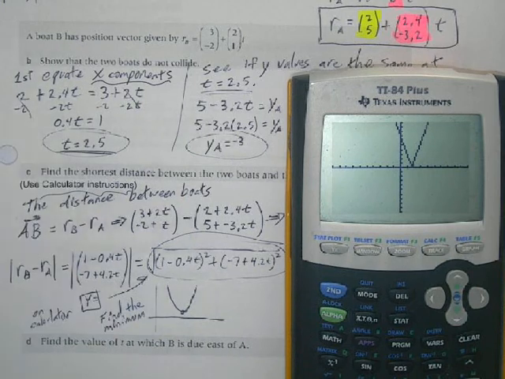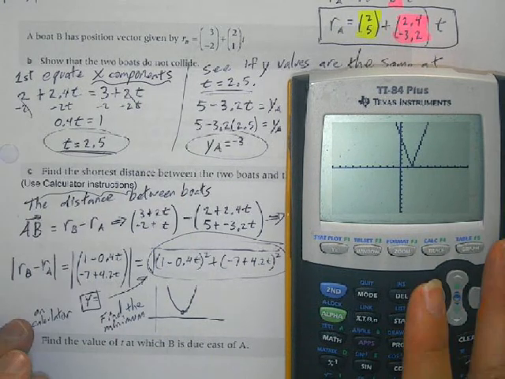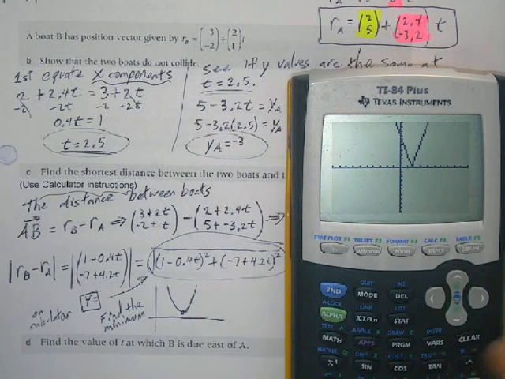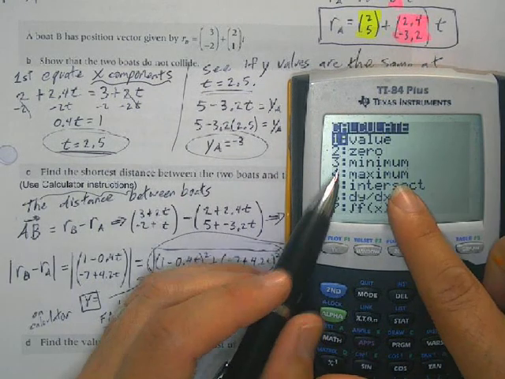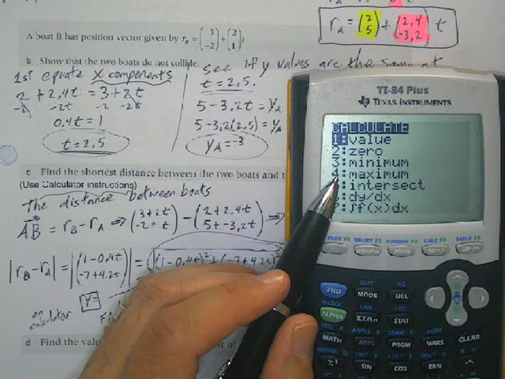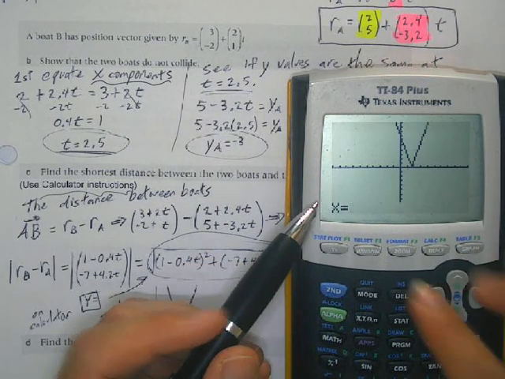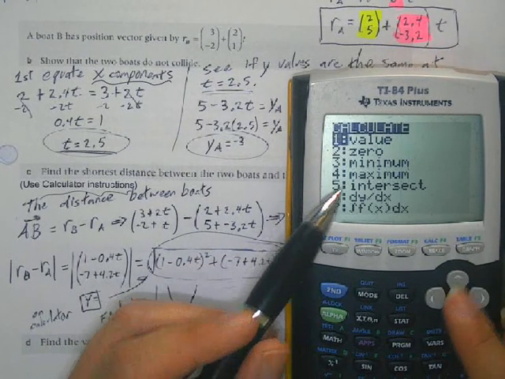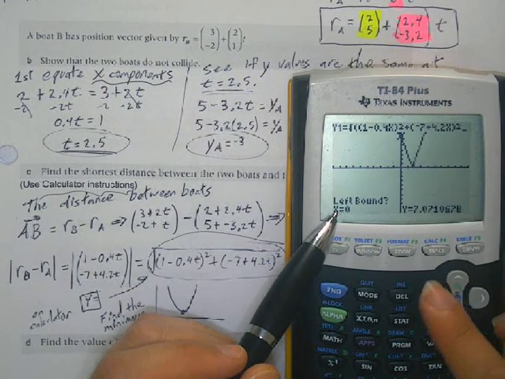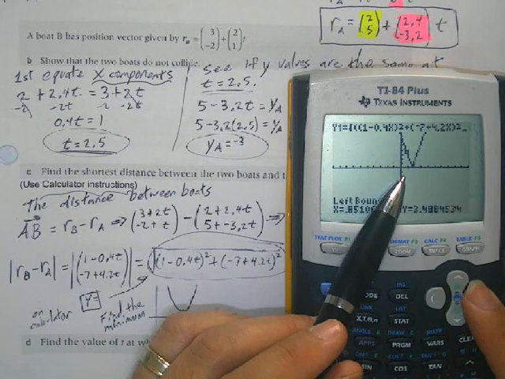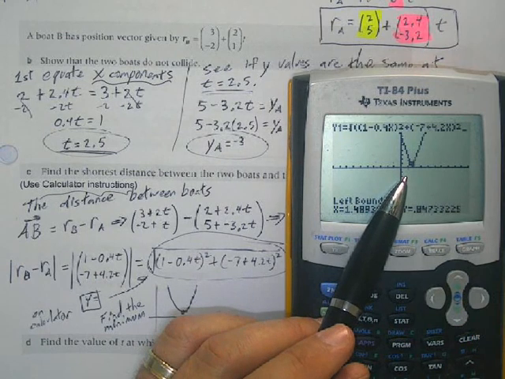Okay, so I'm going to press second trace to graph, and we want to find the minimum. So I'm going to hit 3, enter. Oh, let's try that again. Second trace. I'm going to go down to 3 for minimum, and then it says left bound. So I need to go to the left side. Enter.